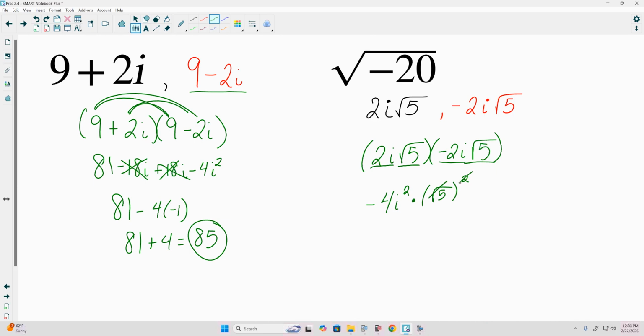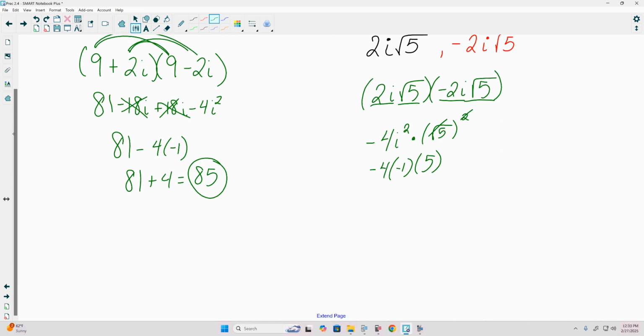But the square root and the square will cancel, leaving us with just 5. Also, i squared is still negative 1. So negative 4 times negative 1 is 4, times 5 is 20.